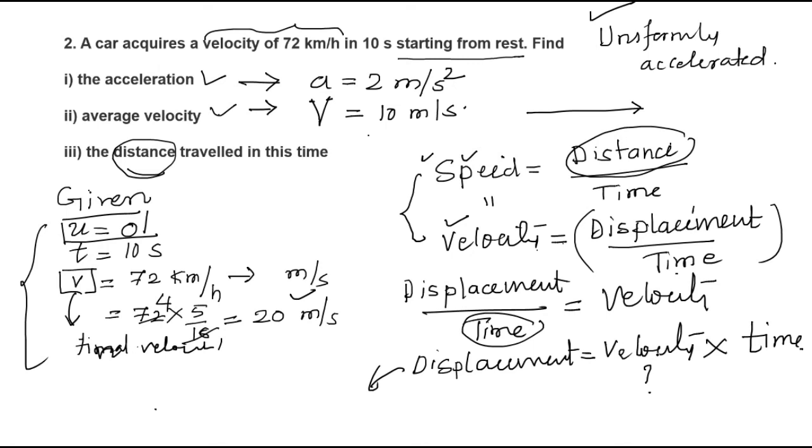This is the average velocity, neither the initial velocity nor the final velocity. So you take 10 meter per second, not 20 meter per second. Average is 10 meter per second into the time given, 10 seconds, and therefore the total distance covered will be 100 meters. Distance I can write here because distance is equal to displacement. So the distance covered is 100 meter.